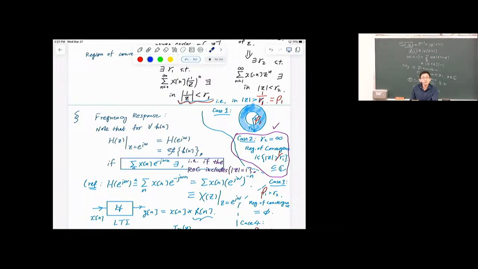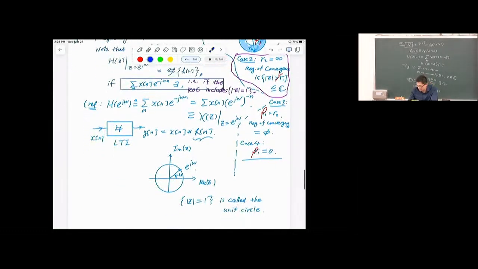And the Fourier transform of the impulse response, if it exists, is often called the frequency response. Okay? The frequency response of a system. Right?